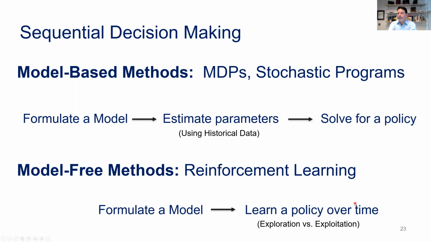Okay, and this is very different. It involves interacting with the system, in this case a medical system, and the topic of exploration versus exploitation is quite fundamental to these approaches.